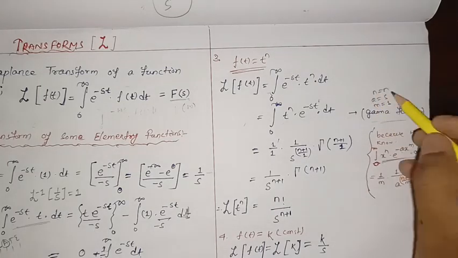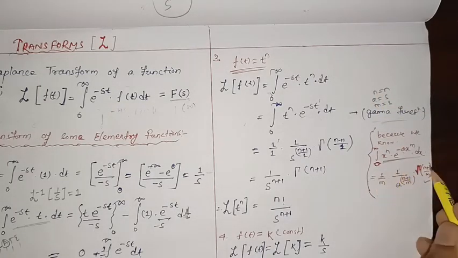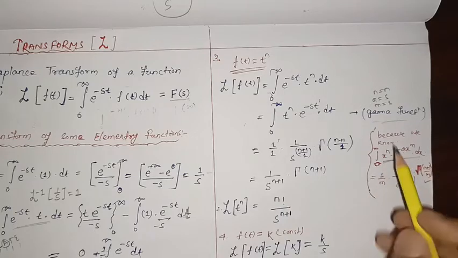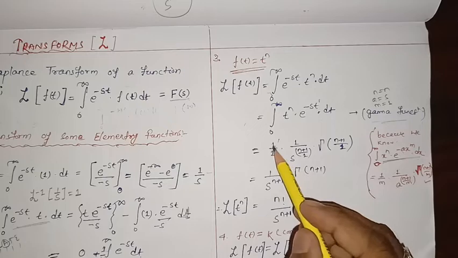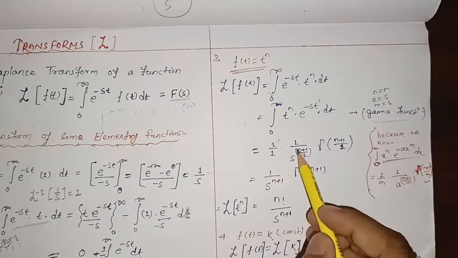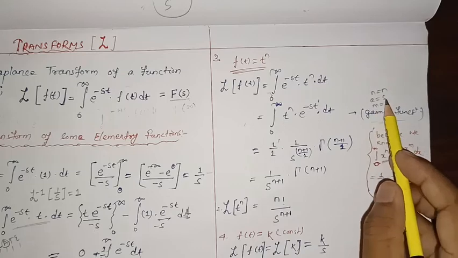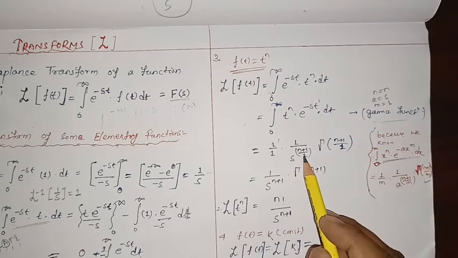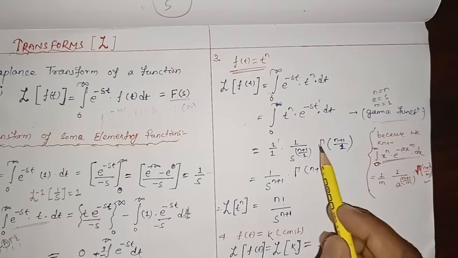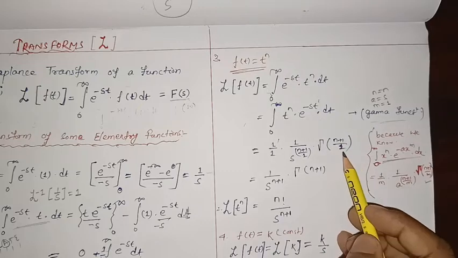We are going to substitute these values in this answer. Let's see what we get. So 1 by m, that means 1 by 1, into 1 by a to the power (n plus 1) by m. Here a means s, so s to the power n plus 1 by 1, into gamma of n plus 1 by 1.